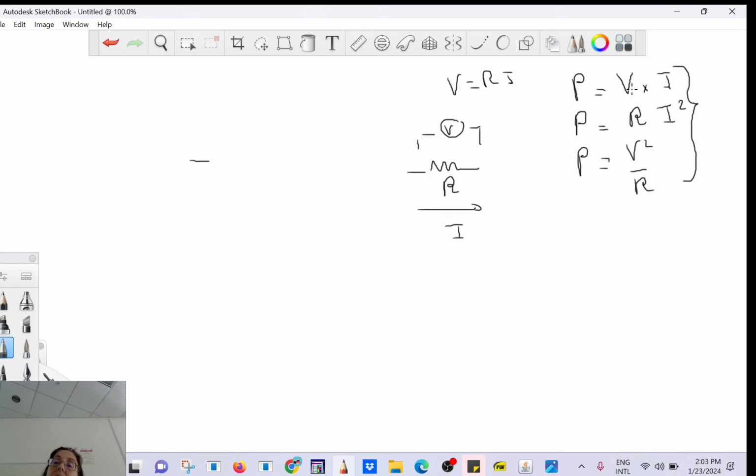P equals V times I is true for a power supply, for anything. The other two equations are only true for resistance. We talked about that last time. Is that clear? Okay, good.